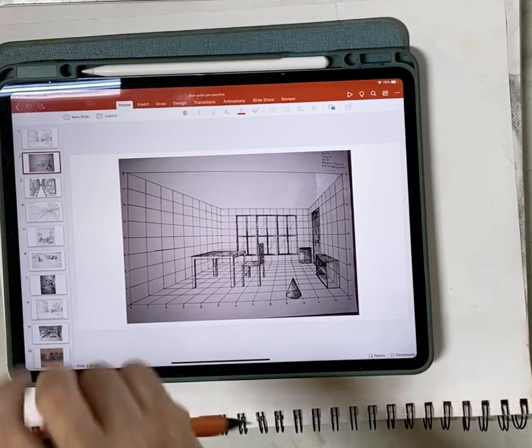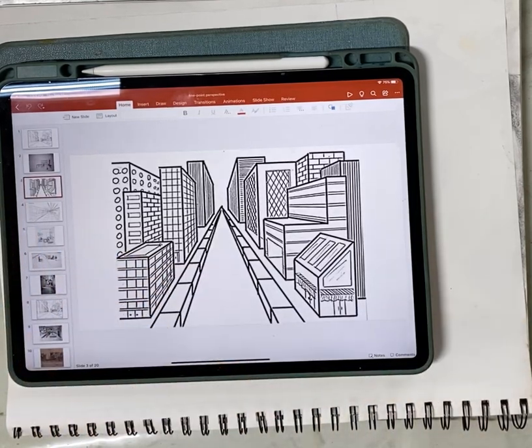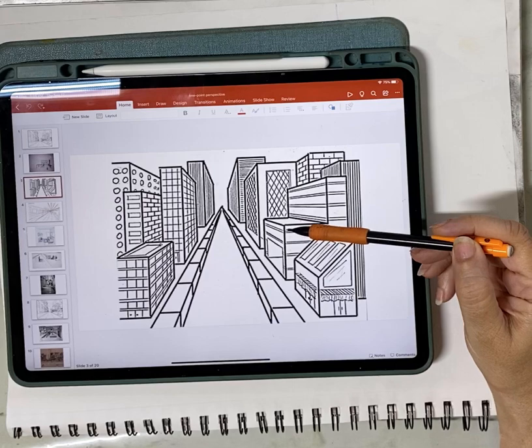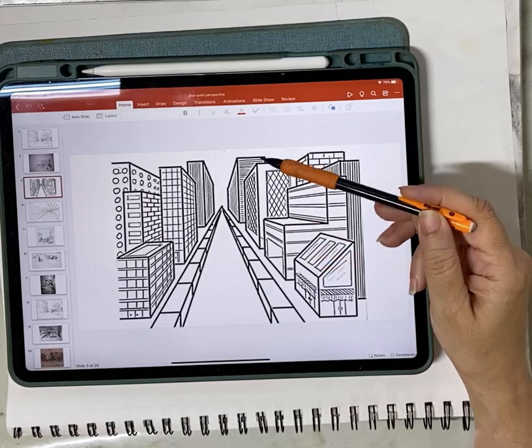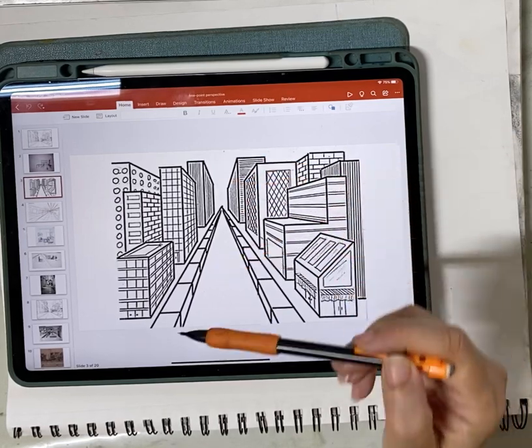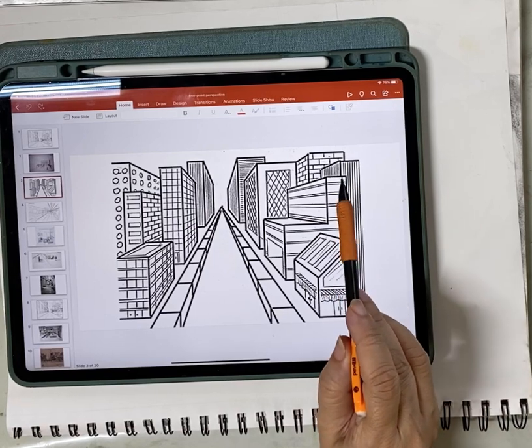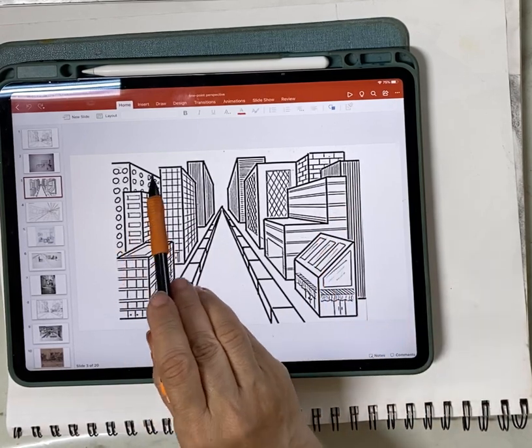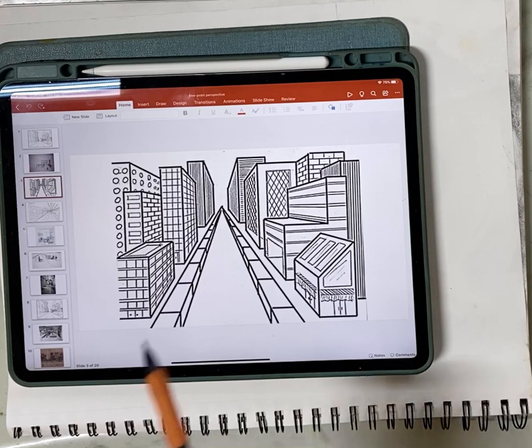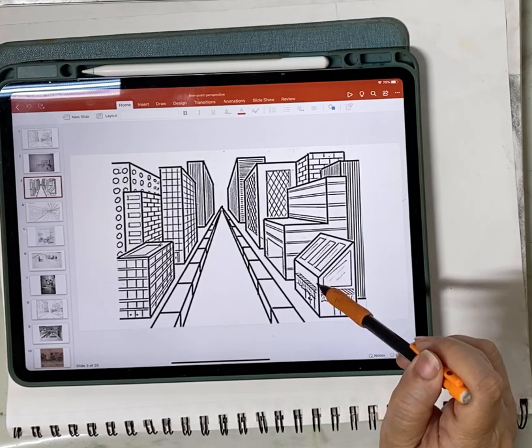In 1 point perspective, how can you see that it's 1 point perspective? Remember that vertical lines, all of them are still vertical. The horizontal lines that you see, all of them you have to make horizontal. Then there are the diagonal lines.